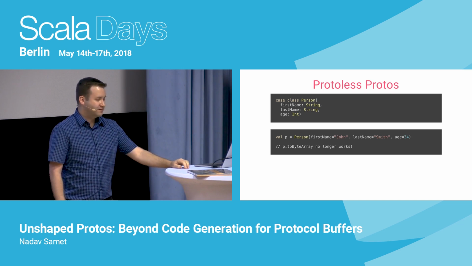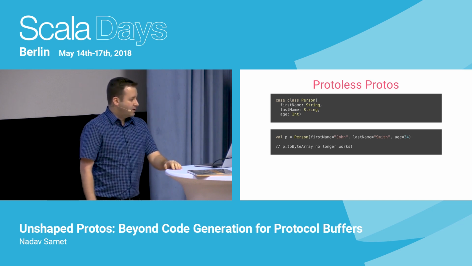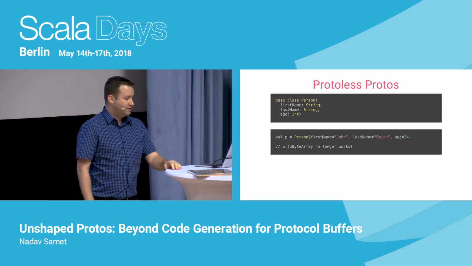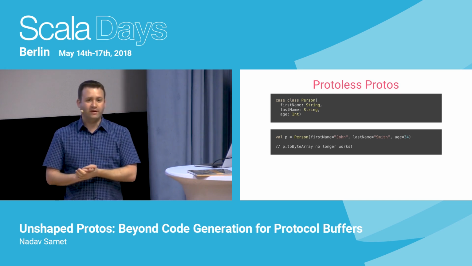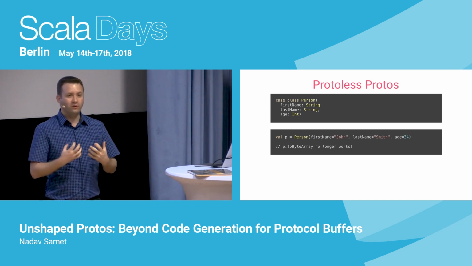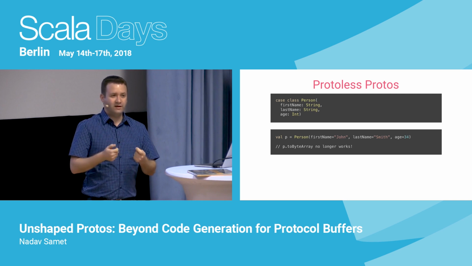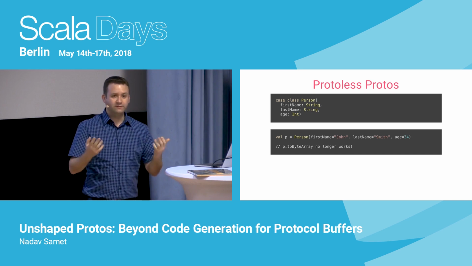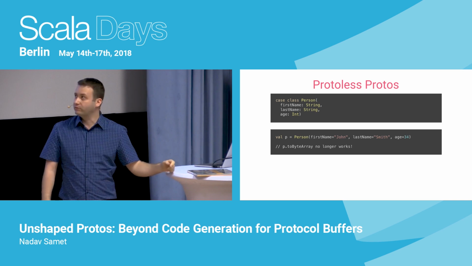The user just provides some simple bare bones case class, and they instantiate it, and now they want to serialize it. And of course, now they don't have the toByteArray method defined on it, so they're kind of stuck. Our goal in this talk is basically to help that user, give him a way to serialize his case class, no matter what it is. And we're going to see a few options to do that.